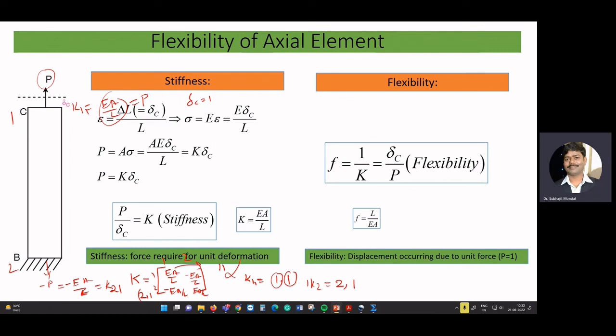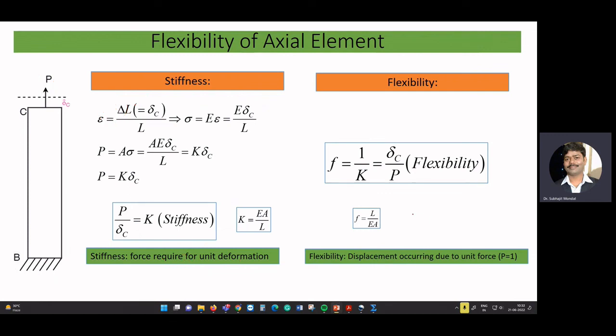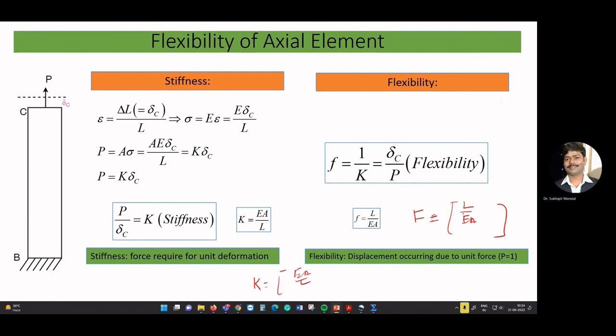Similarly, you can get the matrix for a truss element. Observe that the flexibility matrix will involve the term L by EA, whereas in the stiffness matrix we have the term EA by L. In the case of the flexibility matrix, we will have the term L by EA in the matrix.